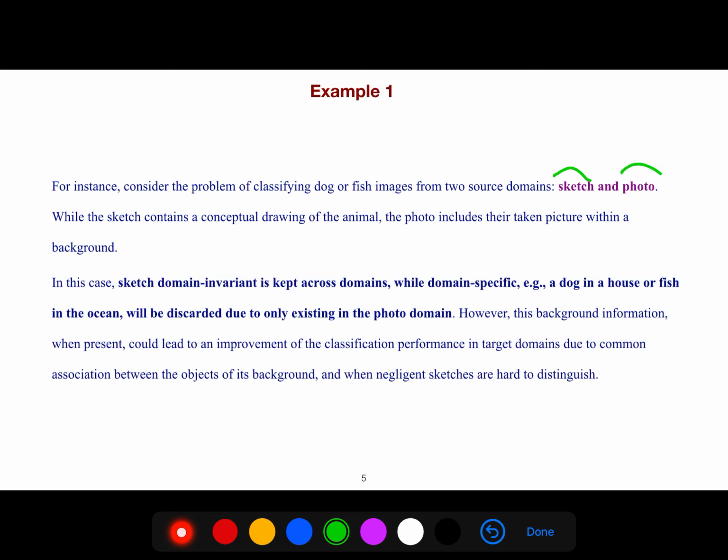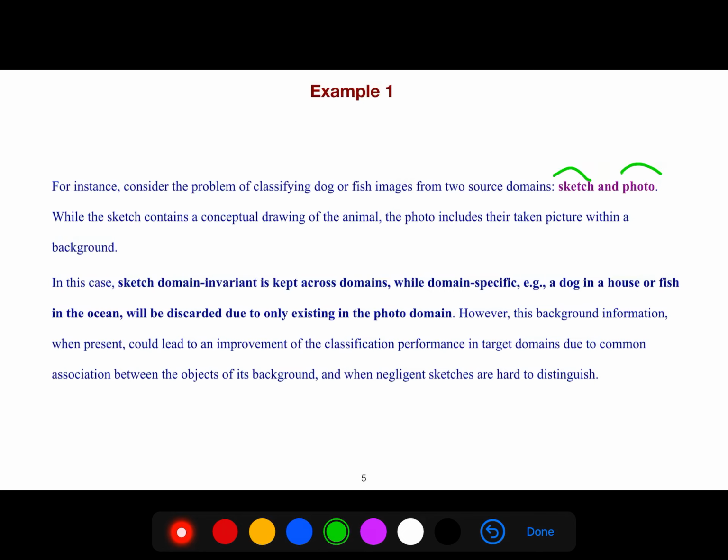In this case, the sketch domain invariant is kept across domains, while domain-specific information, for example, a dog in a house or fish in the ocean, will be discarded due to only existing in the photo domain. However, this background information, when present, could lead to an improvement of classification performance.